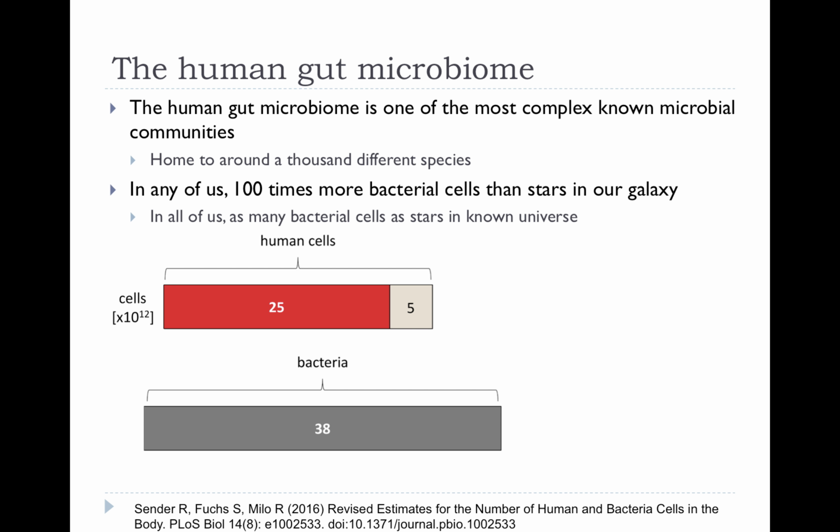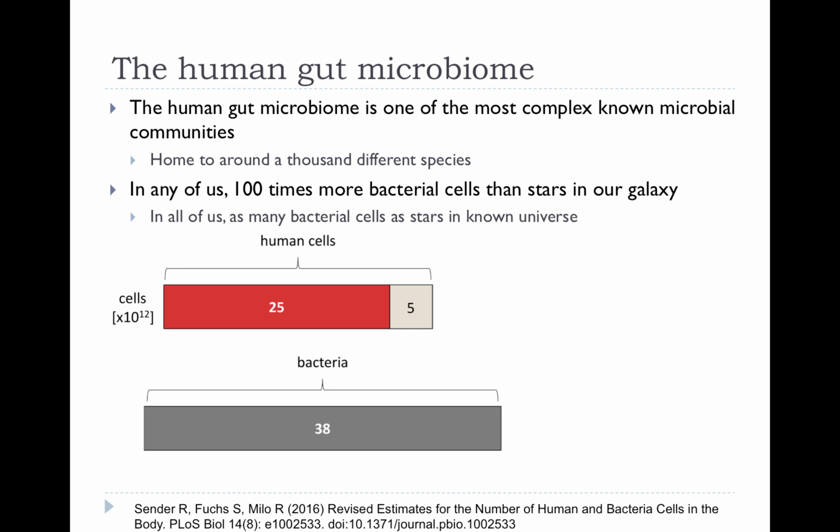community. You often hear this claim that there are 10 times as many bacterial cells as there are human cells in you. That is perhaps a bit of an exaggeration. It depends what you call a cell. Some people say red blood cells are not cells because they don't have a nucleus, they're corpuscles. If you call those cells, then we've got about 30 times 10 to the 12 human cells.